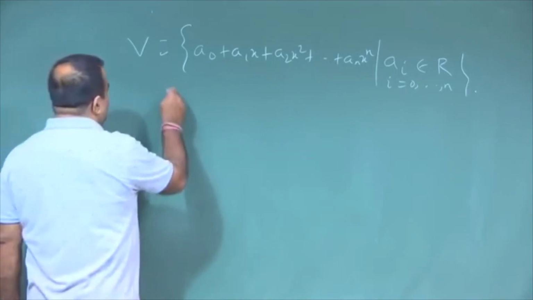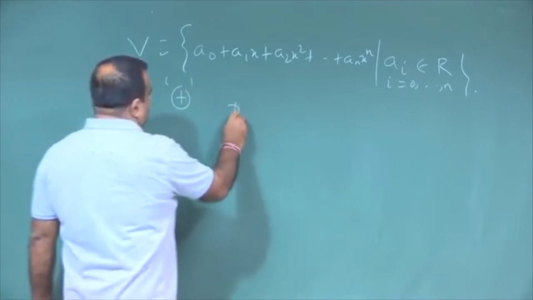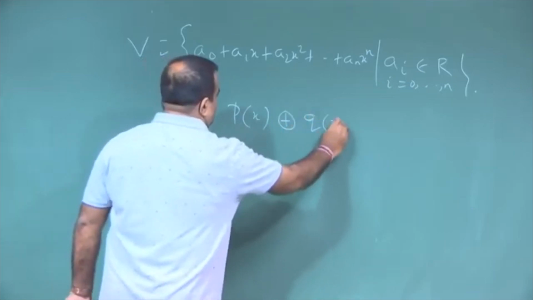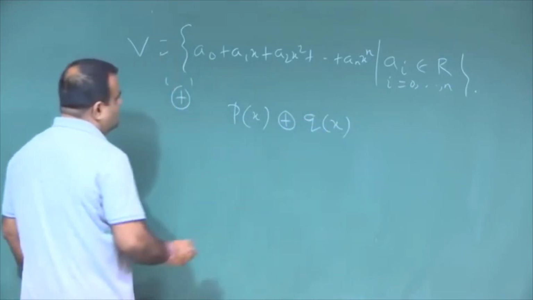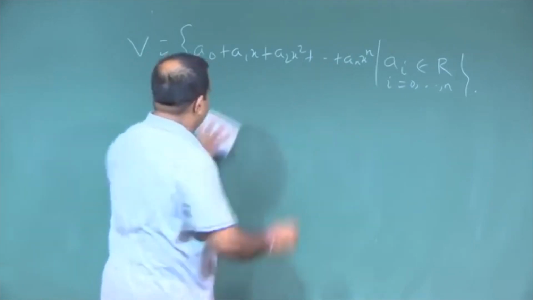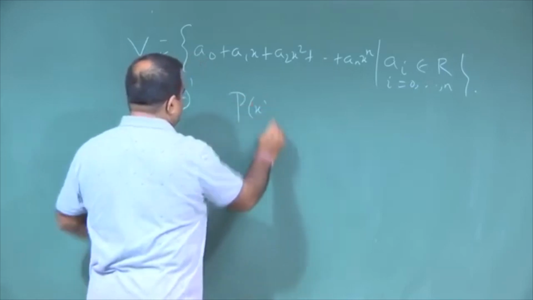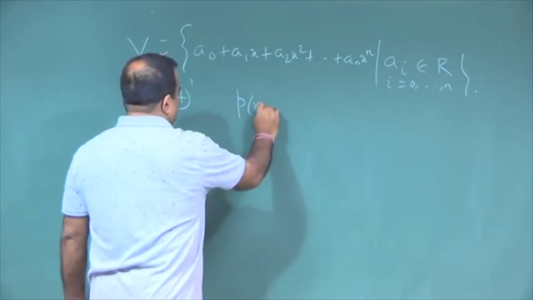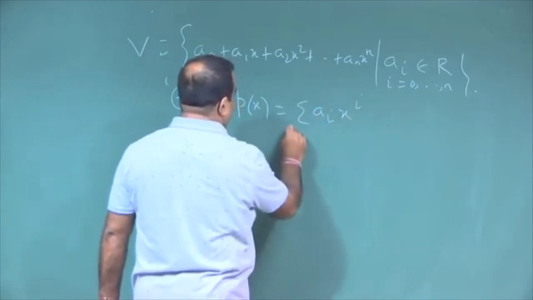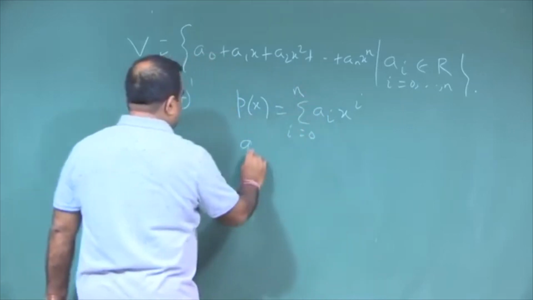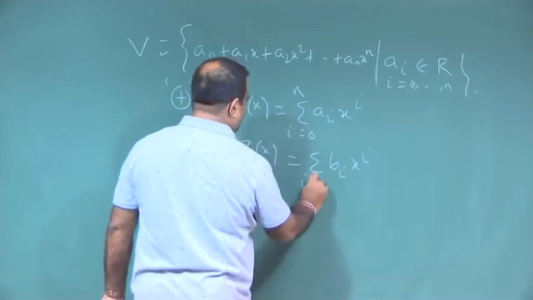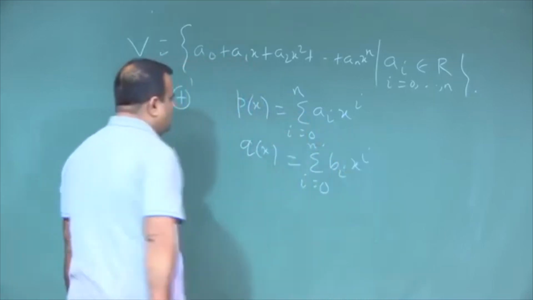Now, if we take two polynomials, how do we define this plus? Say p(x) is the summation of ai x to the power i, i equal to 0 to n, and q(x) is the summation of bi x to the power i, i equal to 0 to n.